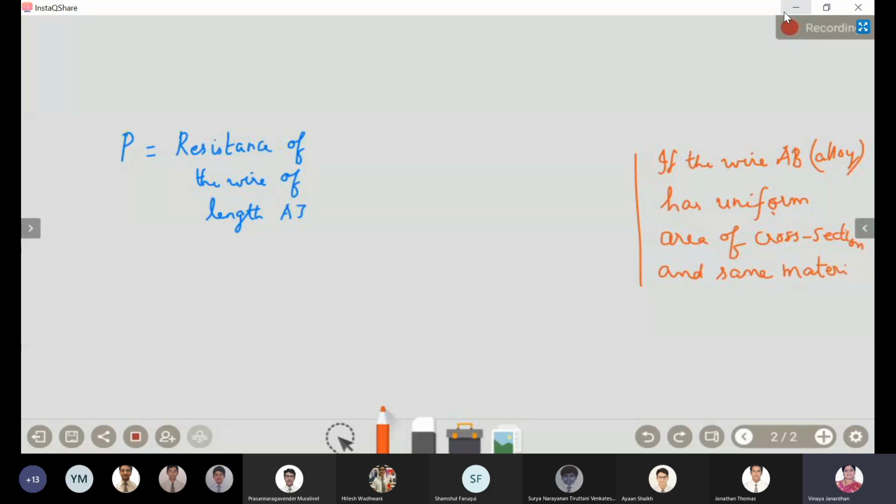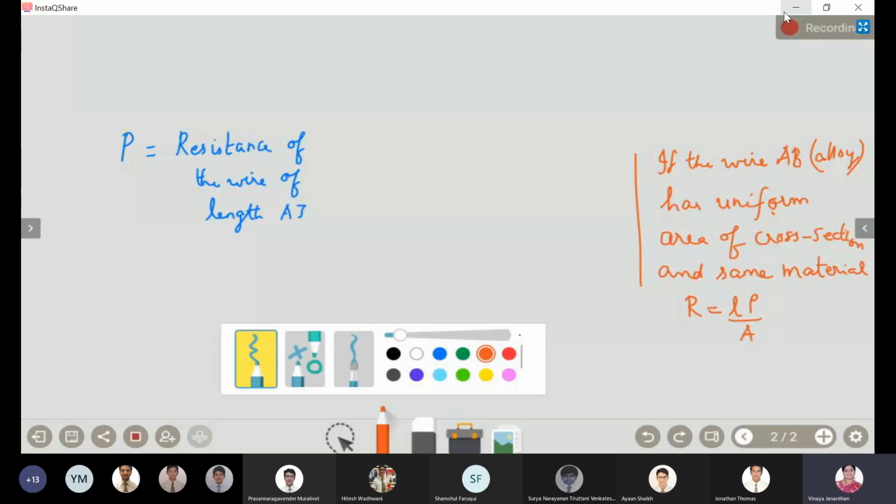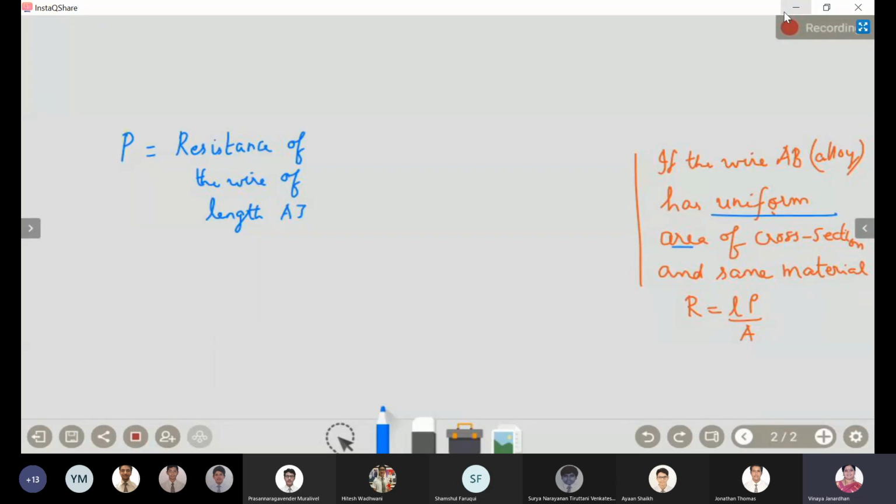So what is generally R? R is equal to L rho by A. Now look at the condition. The condition is uniform area of cross section and same material, which means rho and A are constant.